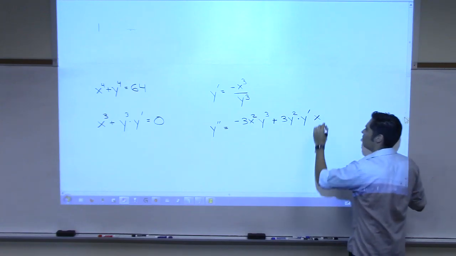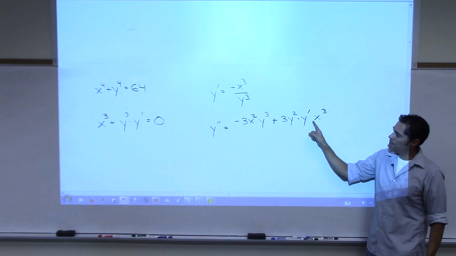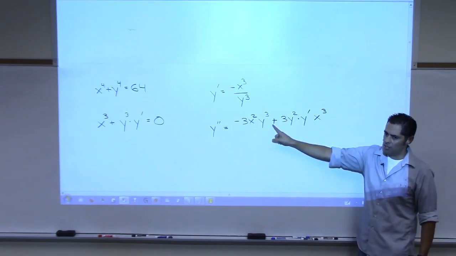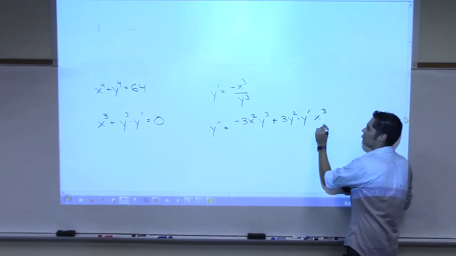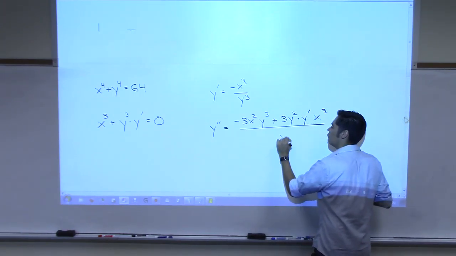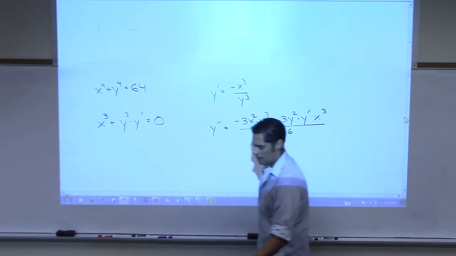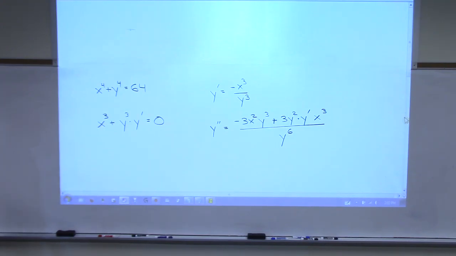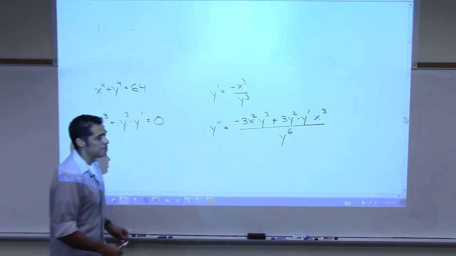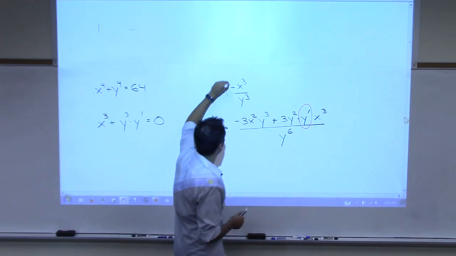I meant negative x cubed. So it's negative x cubed being multiplied right here, but I changed the minus to a plus, all over y cubed squared. Okay. There you go. So now at this point, you would have to go in and replace y prime with this.